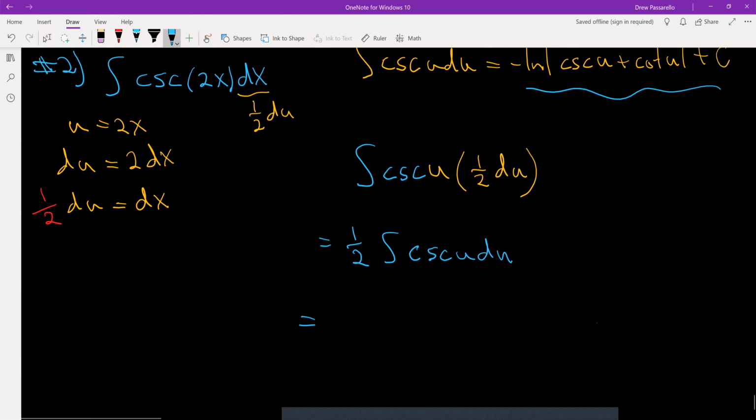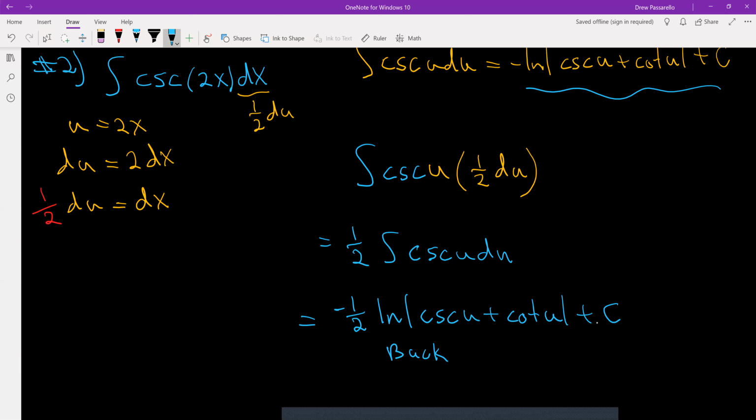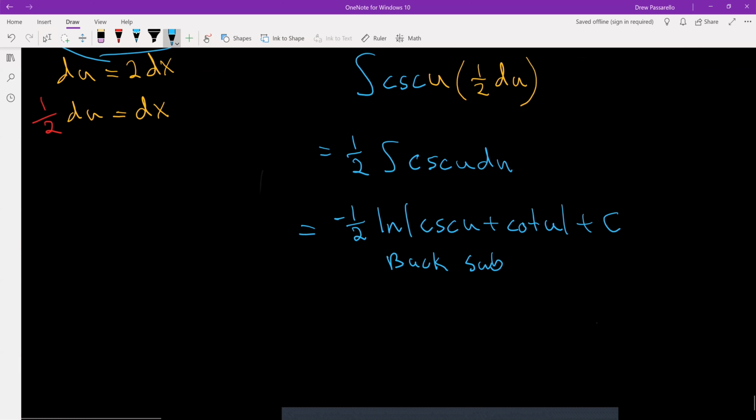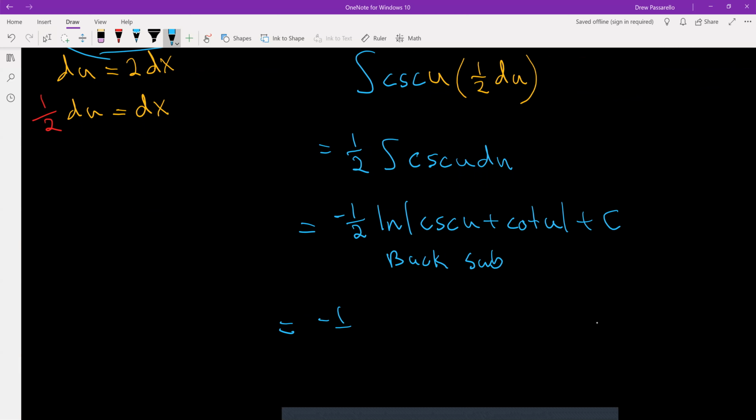So in this case, it's going to be negative 1/2 the natural log of cosecant plus cotangent. And then I just have to remember to back substitute in for u. And u was 2x. So this would be negative 1/2 ln absolute value of cosecant 2x plus cotangent 2x.